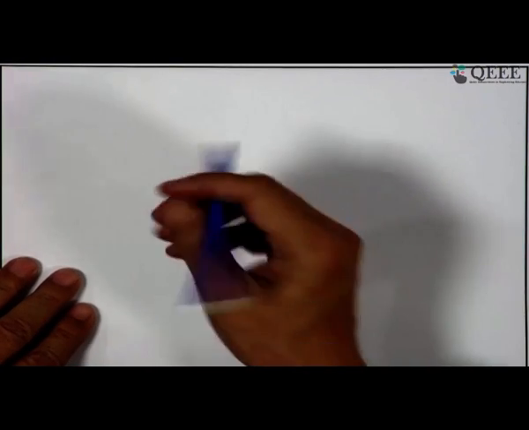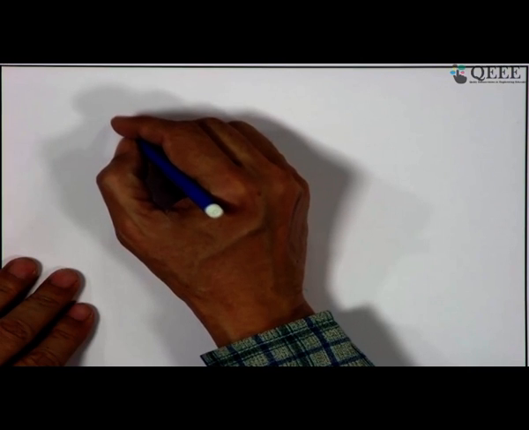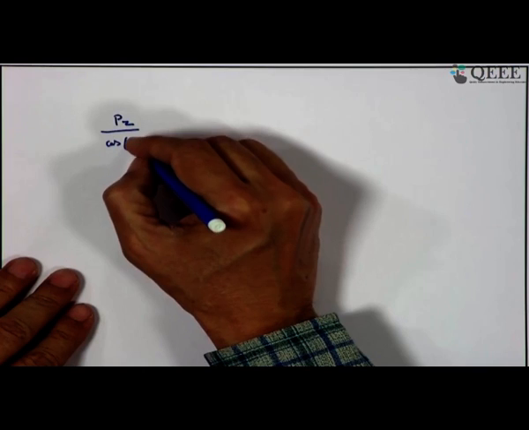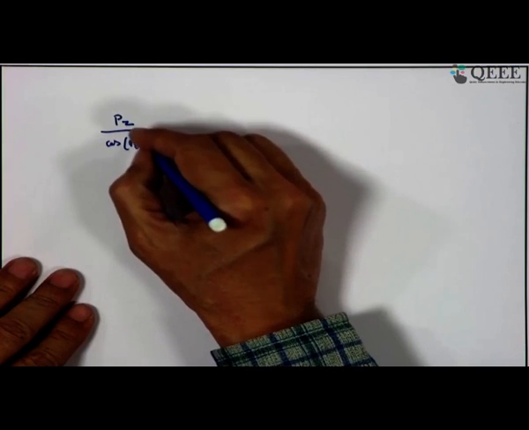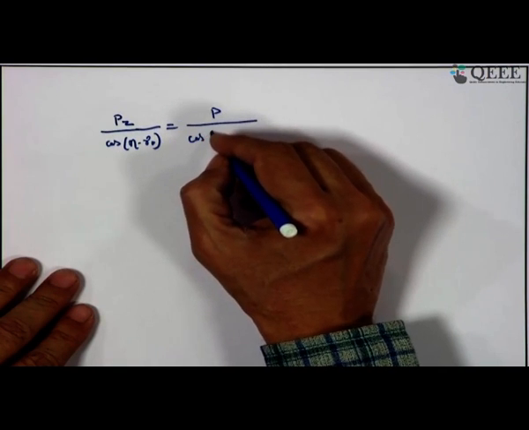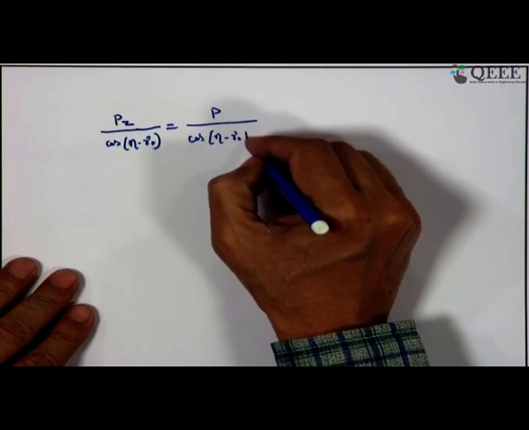So, the basic equation we have already written, that Pz by cos of eta minus gamma O gives you Ps by cos of eta minus gamma O plus beta.